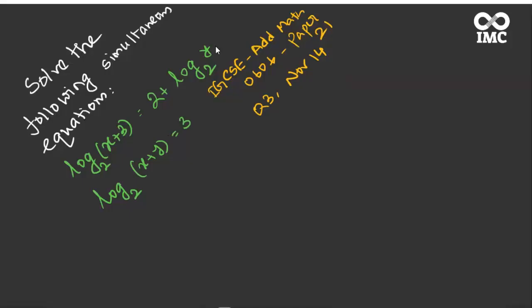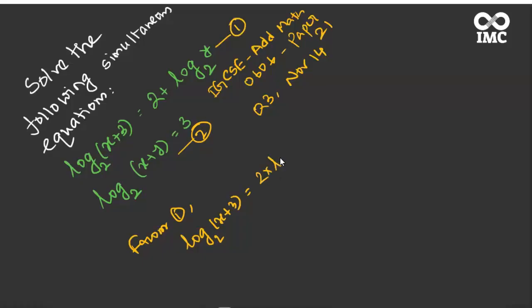Here we'll find two equations, equation number 1 and equation number 2. From equation 1, we can write 2 as 2 multiplied by 1, or 2 multiplied by log base 2 of 2, plus log base 2 of y.